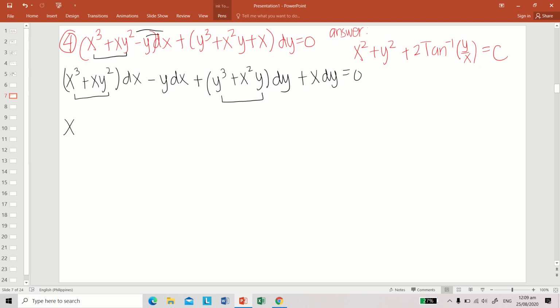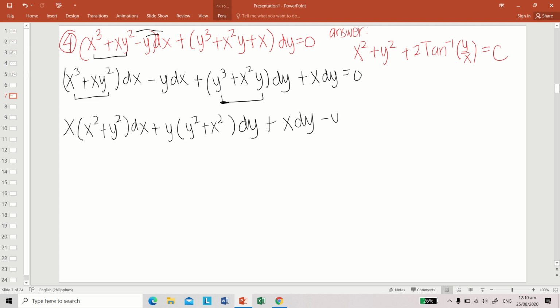So we're going to have x quantity x squared plus y squared dx, and then on this one which will become y quantity y squared plus x squared dy, and then plus x dy minus y dx is equals to 0. So we know that the differential of y over x is equivalent to x dy minus y dx all over x squared.